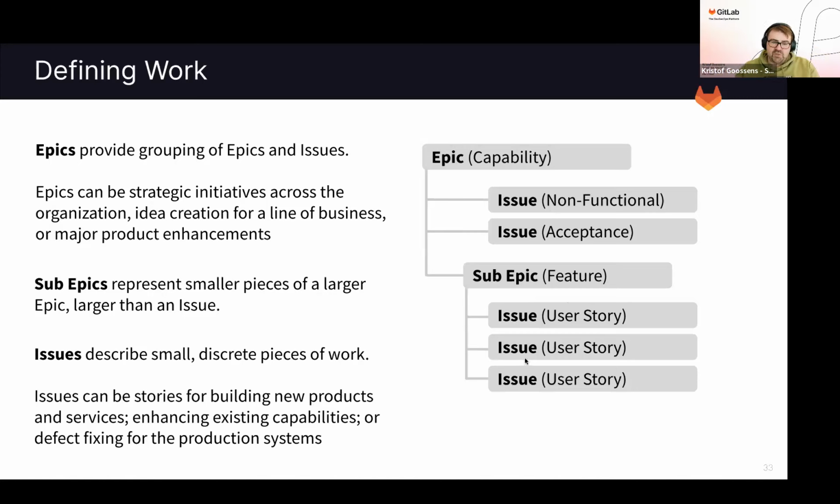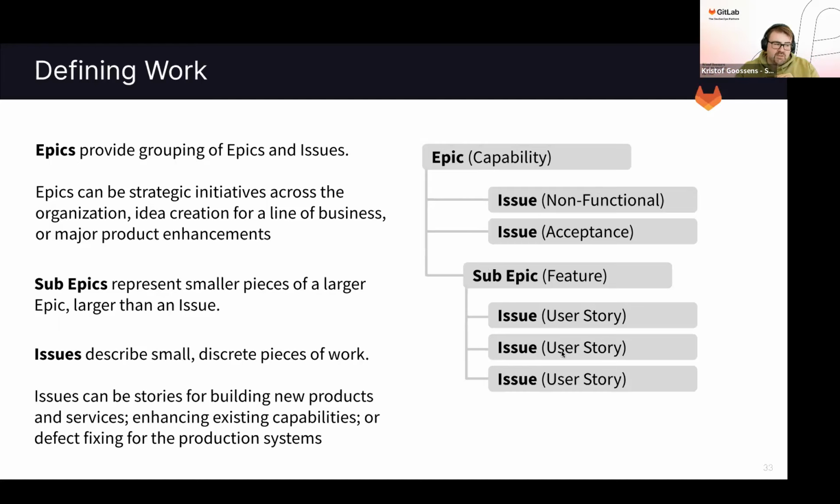Then we have the issues, which are small, discrete pieces of work that are described in an issue. We call it a piece of work because it really depends on what you want to do, and you can leverage it for multiple things. As you can see in the example here, you can have issues that are directly linked to the capability, which might mean we define non-functional requirements there, or acceptance testing, or whatever you want to do can be on that level.